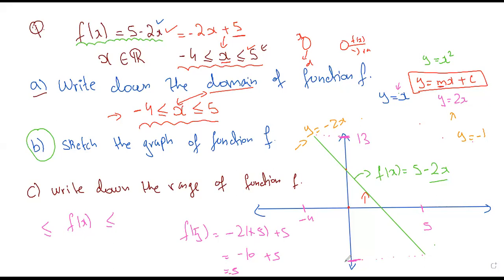And we can also see from here that since it is on this part of the curve, the value of f of x would be negative. So it is minus 5. This means that from 13 to minus 5, this is the range of the function. So this is from minus 5 to 13. Since this is the interval for f of x, this is our range.